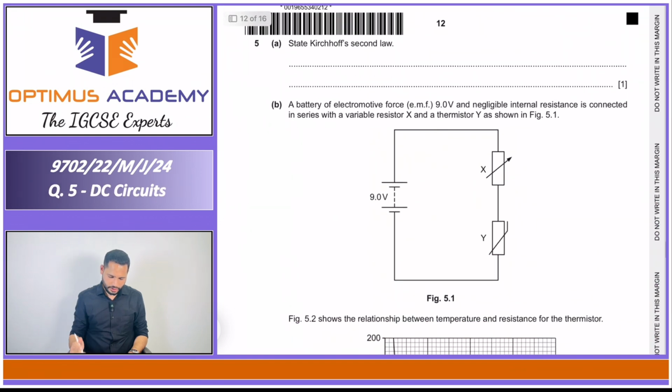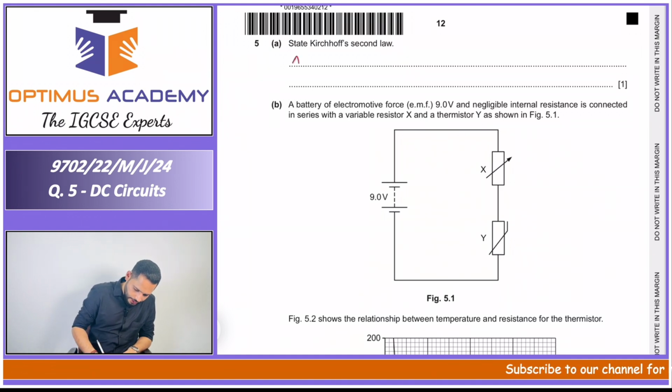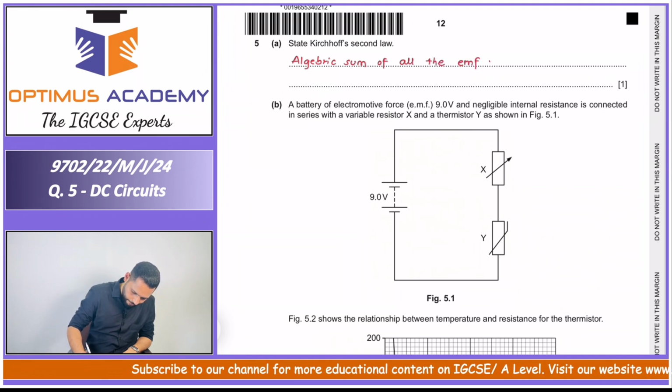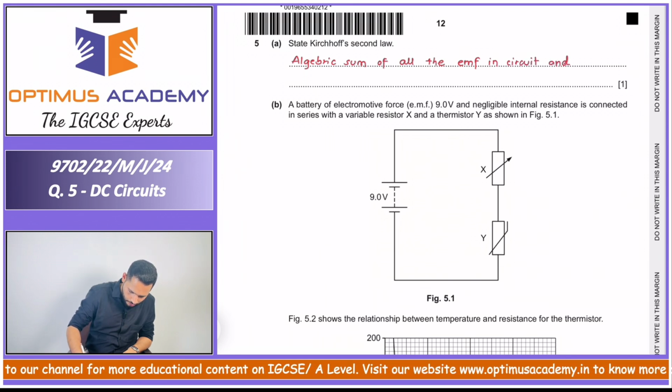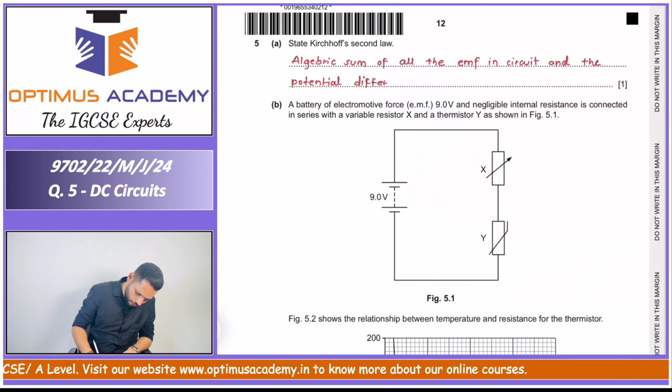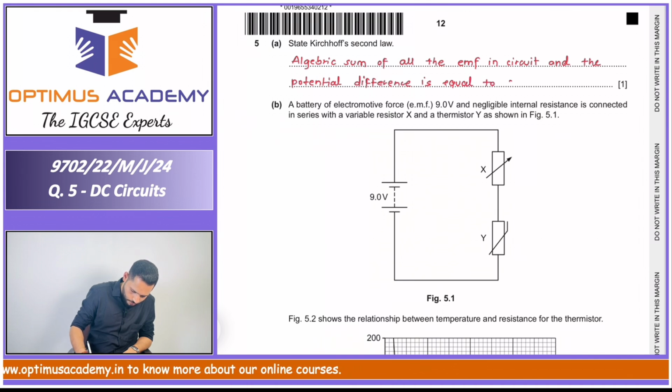We will move to the next question, question number 5. It says, state Kirchhoff's second law. Now Kirchhoff's second law says that the algebraic sum of all the EMFs in a circuit and the potential differences is equal to 0.